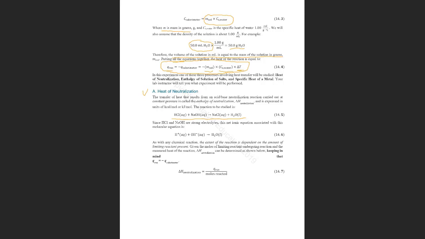Hydrochloric acid, we are going to mix with sodium hydroxide to produce salt and water, sodium chloride and water. And here, what they are saying is that since hydrochloric acid and sodium hydroxide are strong electrolytes, then obviously the sodiums are spectators, and this is basically the net ionic equation for an ionization.